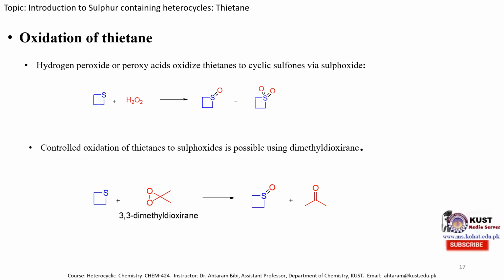So thietane undergoes only two types of reaction: ring opening reaction with haloalkanes, and oxidation in the presence of hydrogen peroxide or peroxy acid to produce the sulfoxide and sulfone. In the presence of hydrogen peroxide, it produces both sulfoxide and sulfone, while in the presence of dimethyldioxirane, it produces only the sulfoxide.